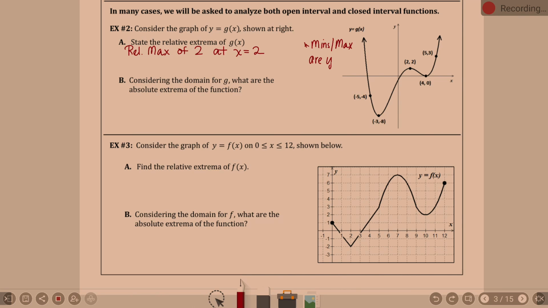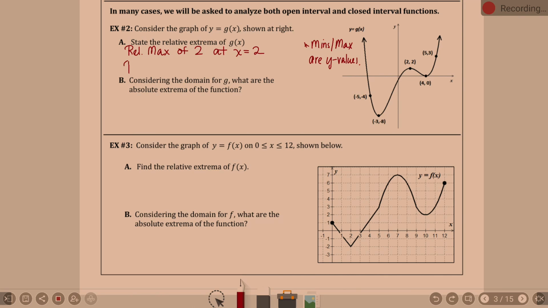It depends where, because g of 2 would be what goes right here. But if they give you the value, you need to use that value. This right here, x equals 2, that's your x value, your location. So you can't say there's a relative max of 2 at g of 2 because those are saying the same thing.